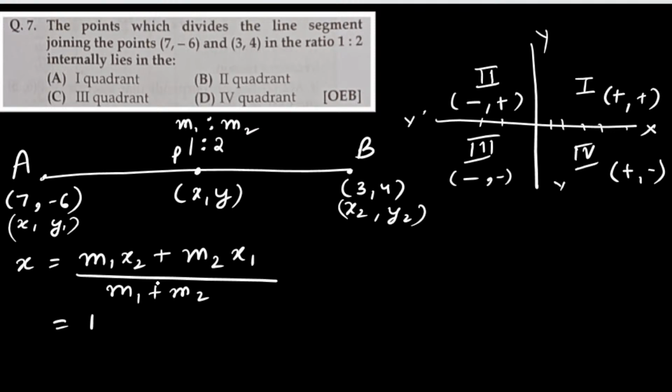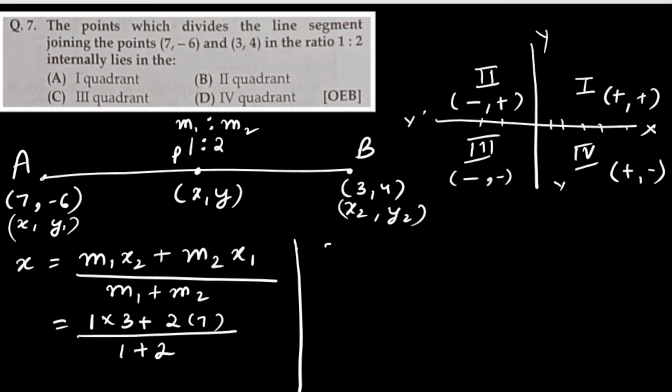So m1 is 1, x2 is 3, plus m2 is 2, and x1 is 7, divided by 1 plus 2. So 1 into 3 is 3, plus 14, by 3. 3 plus 14 is 17. 17 by 3 I am getting.